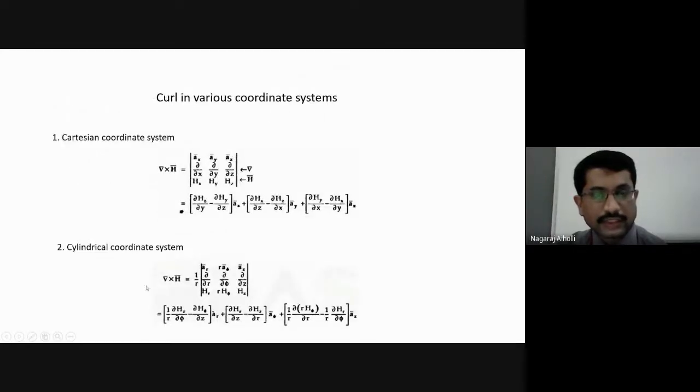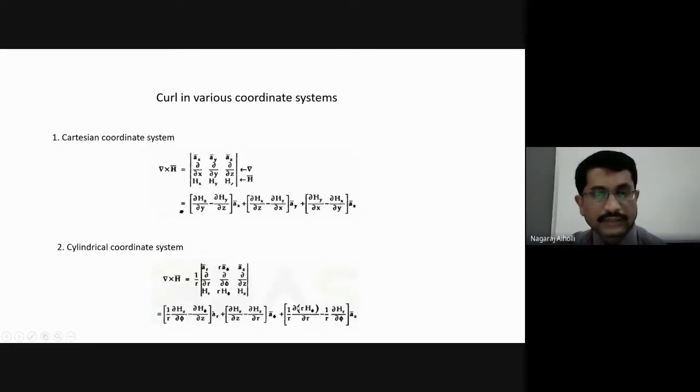Curl, that is del cross H bar, is given by 1 upon r times the determinant with ar bar, r a phi bar, az bar; dou by dou r, dou by dou phi, dou by dou z; and Hr, r H phi, Hz. This is the determinant that you all have to remember for the curl equation, del cross H bar, in cylindrical coordinate system.